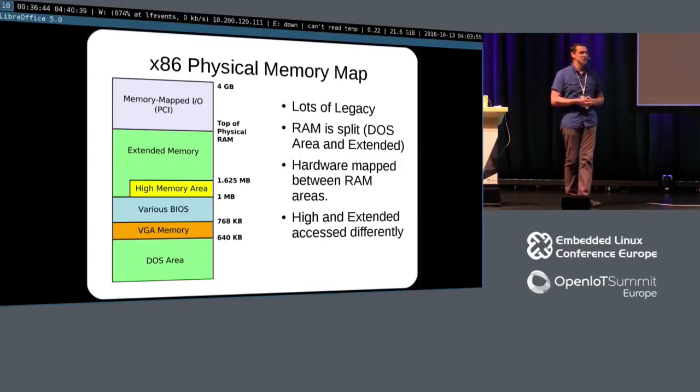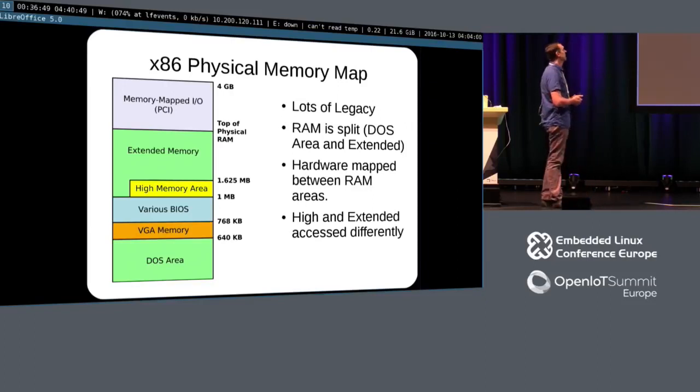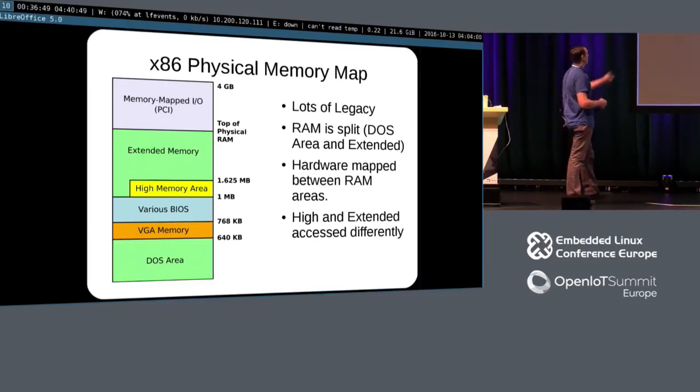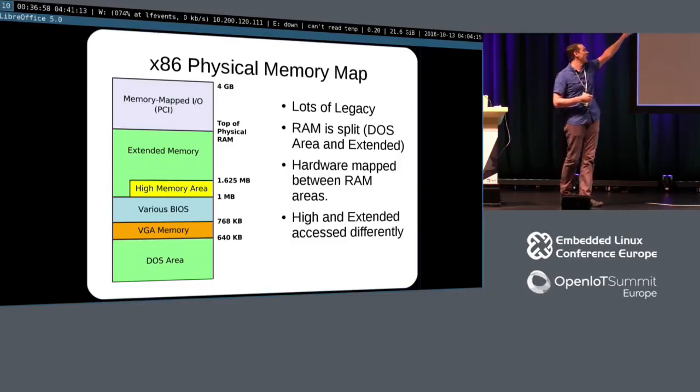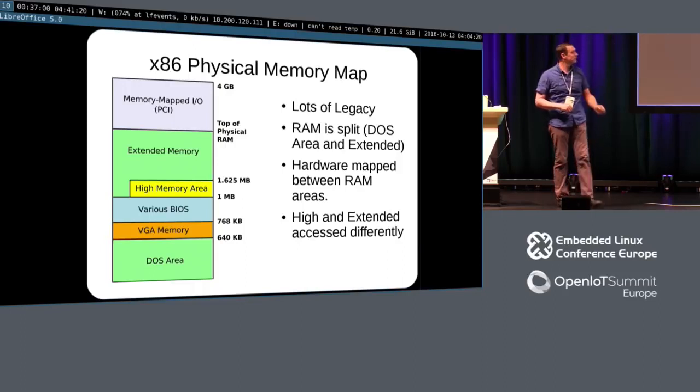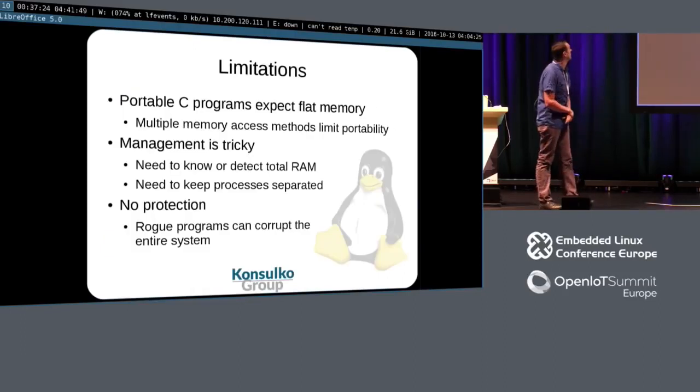Lots of legacy, obviously, but it is a common ground. We have all of these legacy areas and so forth. You have hardware mapped between RAM areas. You can see that your physical PCI area, memory-mapped I/O, is all in the high part. Okay, so that gives you an idea physically what x86 looks like.